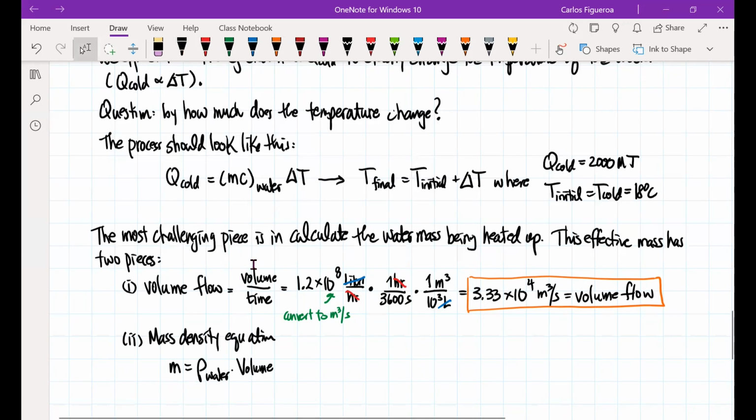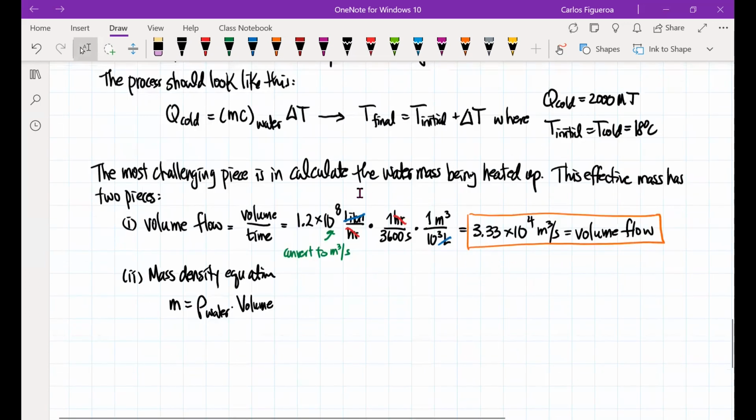So now all I got to do is put these together.